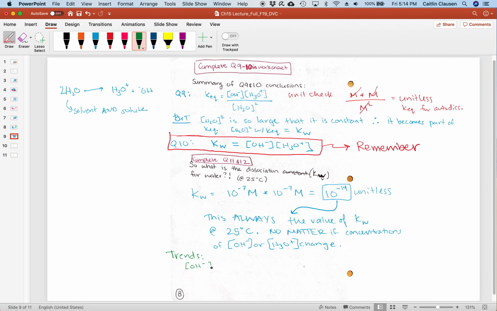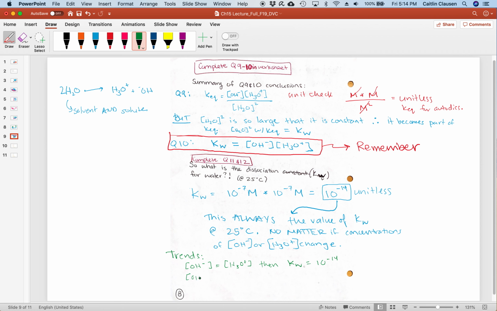If OH minus is equal to H3O plus, then what is Kw? Hopefully you wrote down 10 to the minus 14, based on what we just said, that it is always that value at 25 degrees Celsius, and that's the only temperature we are looking at this semester.